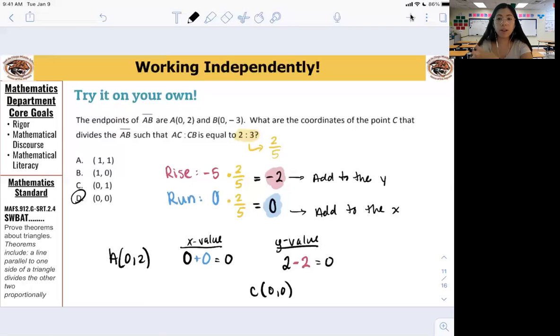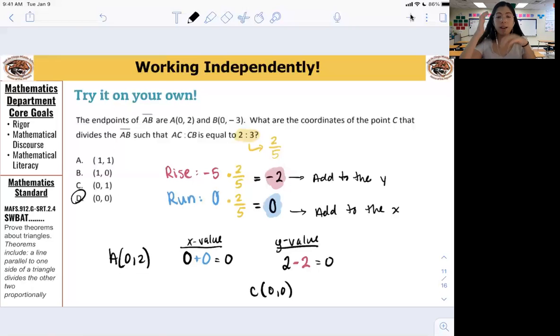If you got something wrong and you don't know what you did, you should be asking me questions right now. Because otherwise, what's the point? There's no point if you're not asking questions. That's good.